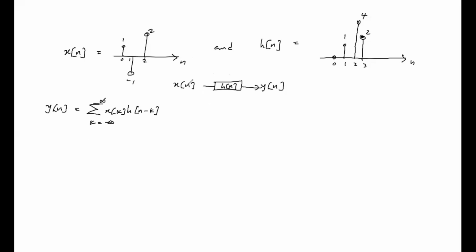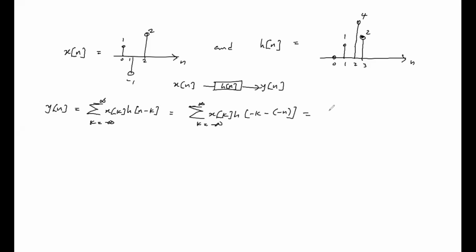But this time we have s of n here, not s of k, okay? So we know that this is the same as writing the sum, k from negative infinity to positive infinity, s of k, h of minus k, minus n. We have written the same thing here, okay? So this is minus k minus n is plus. So we have not done anything different here.